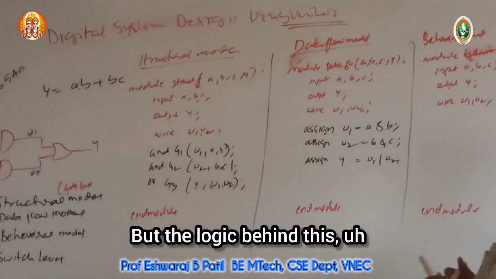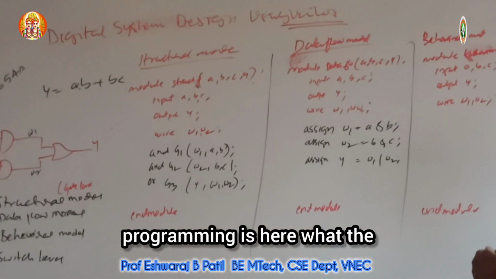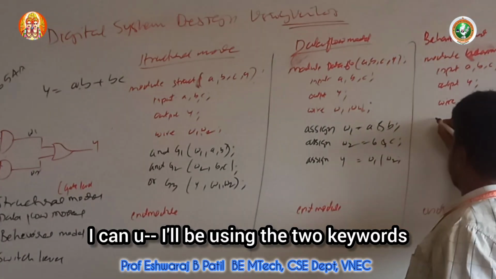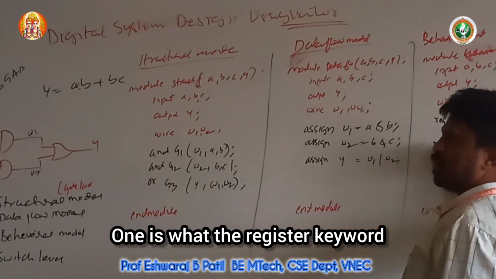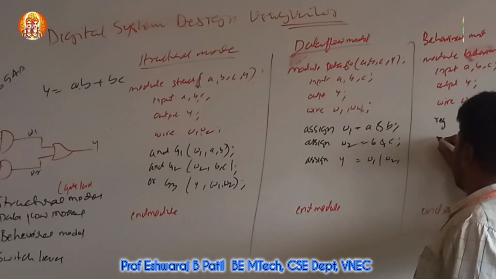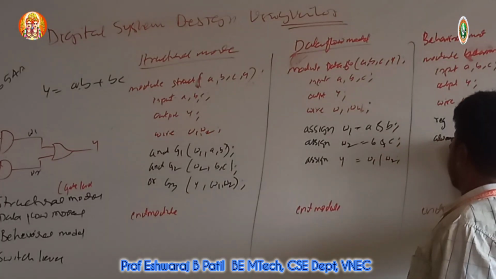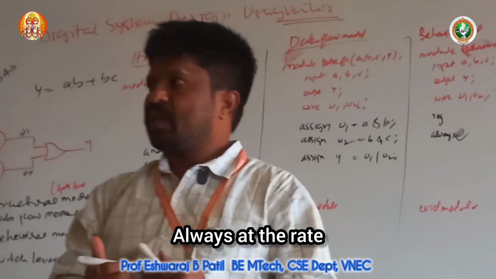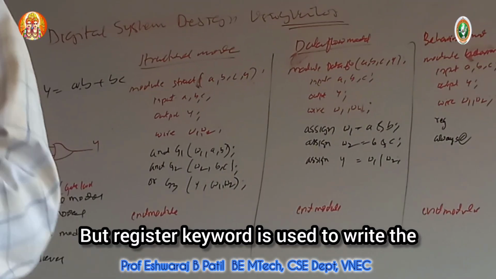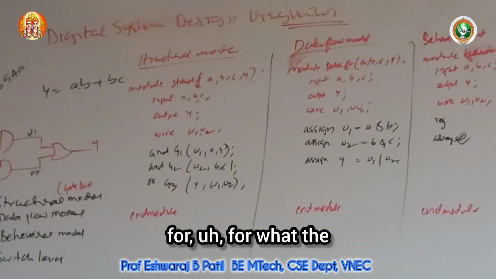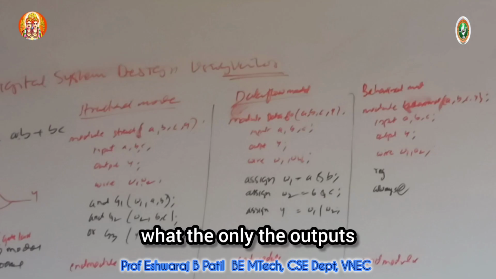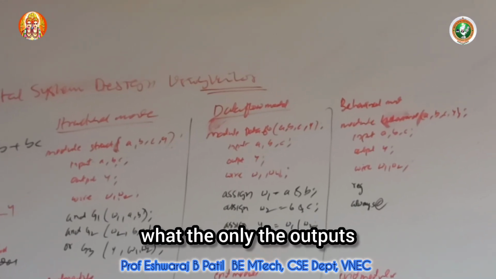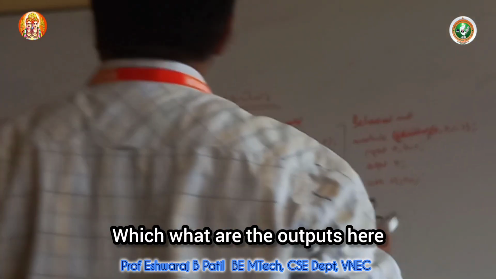But the logic behind this programming is that I'll be using two keywords. One is the reg keyword, another is always at the rate. The reg keyword is used for expressing only the outputs. What are the outputs here?